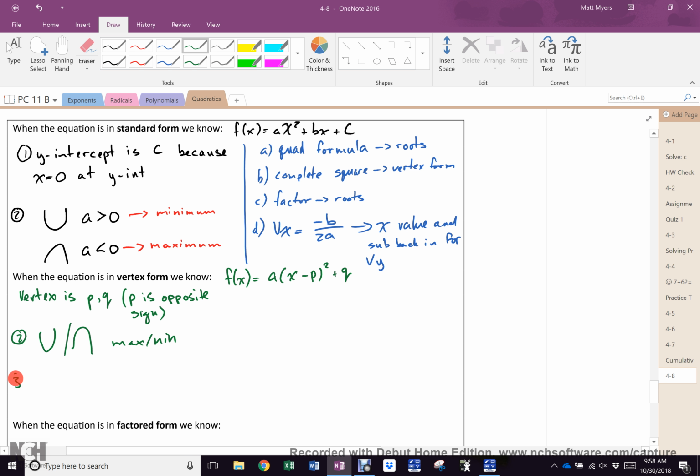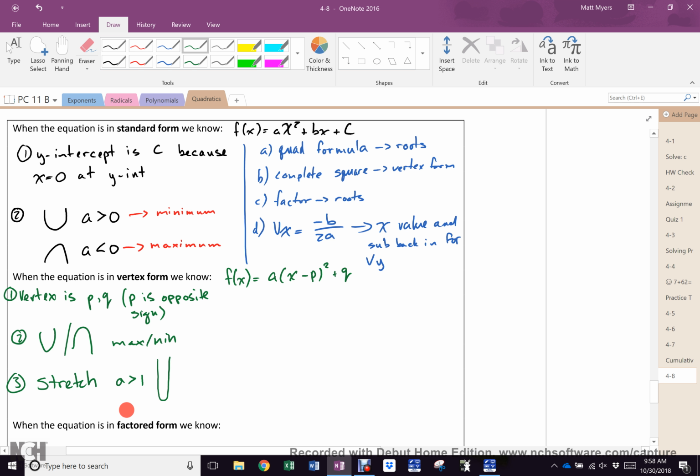And this one tells us the third thing, as Louis just said, it actually gives us the stretch right away. If a is greater than 1, what will happen to my parabola? Will it go narrow or wide? Narrow. If a is greater than 1, it's going to stretch vertically.